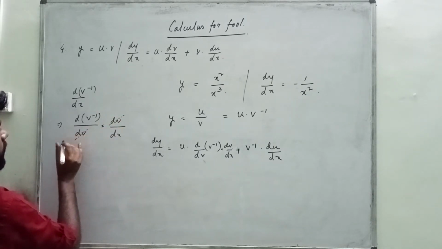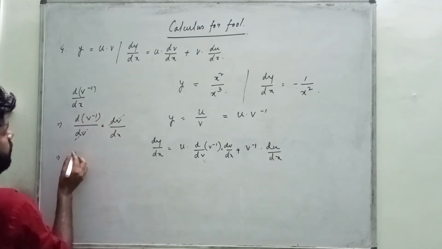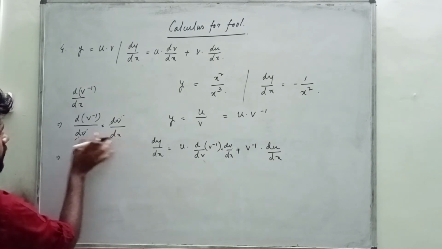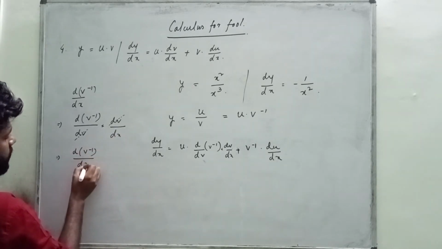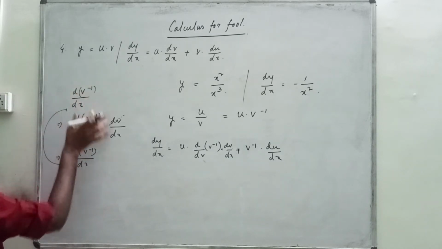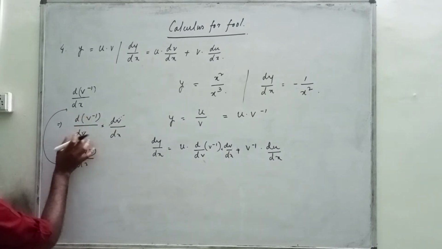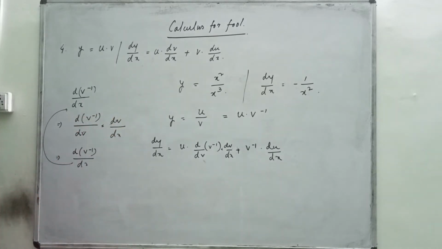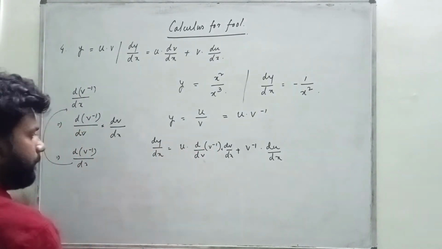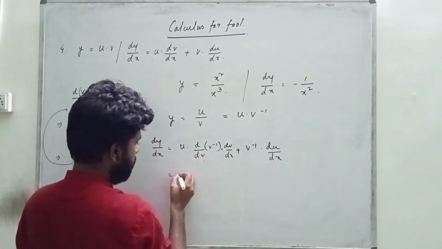Then you are left with the numerator dv to the power minus 1 and the denominator dx. It is the same thing, right? So if you have this thing, you can write dv to the power minus 1 as dv and then dv upon dx, right? And I will just write it. Okay, so here you go.